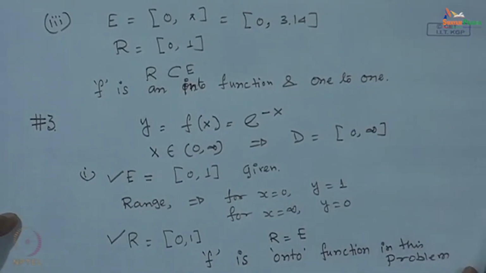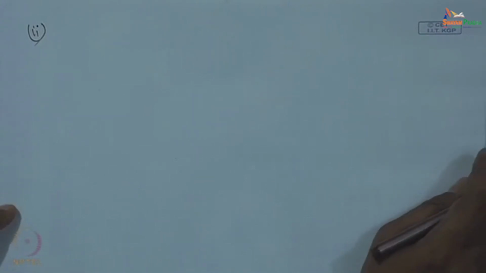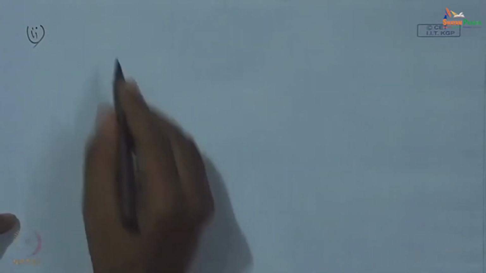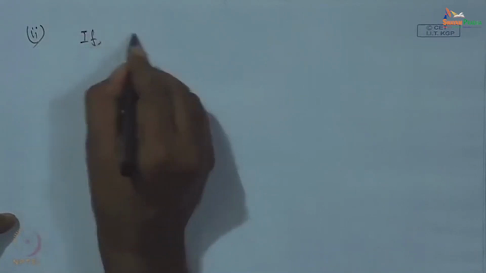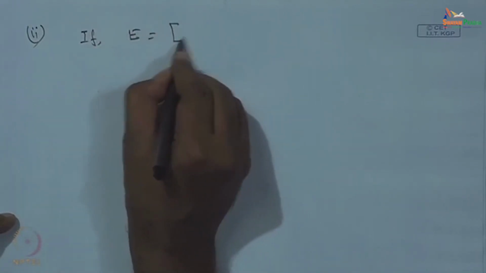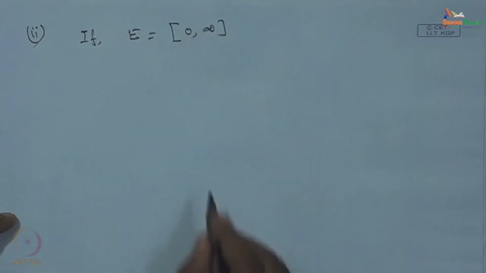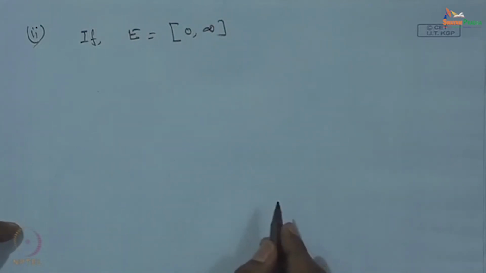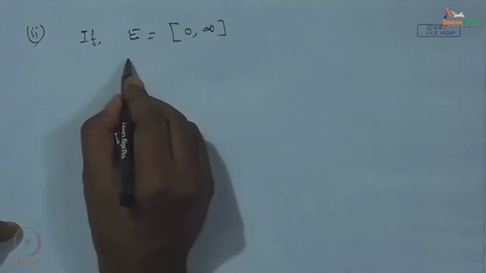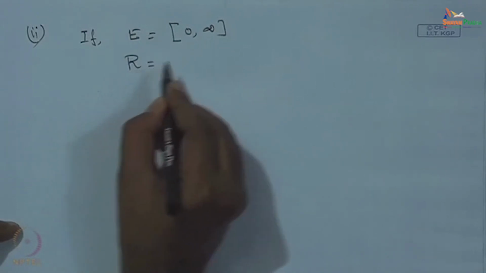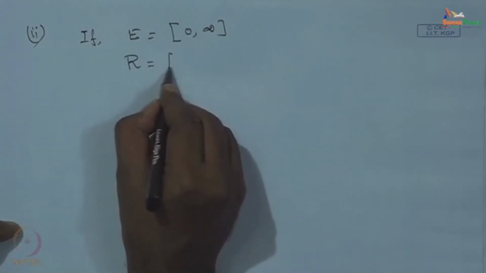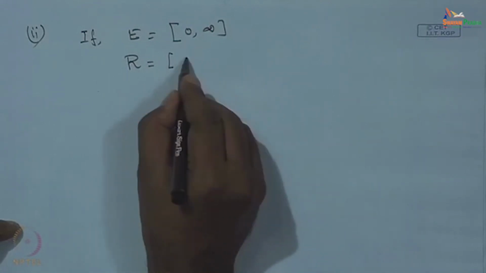Okay. So, next example I can take from part 2 of this problem. In this part we have to do the same thing if the set E is defined as 0 to infinity. It is not 0 to 1 as in the earlier case. So, if this is the case, then what is the range of this problem? The actual range of this problem is from 0 to 1.